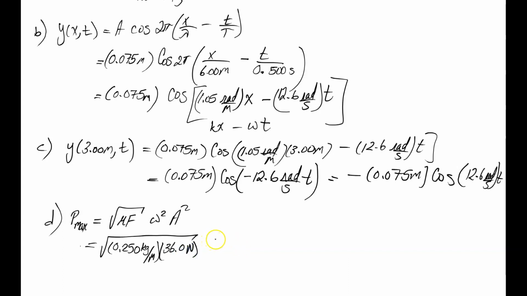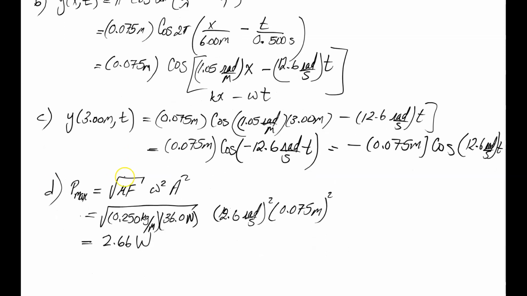Omega we found earlier to be 12.6 radians per second, squared, and the amplitude was 0.075 meters, squared. Doing all of this gives us a power of 2.66 watts.